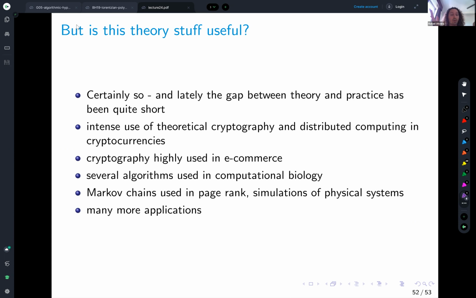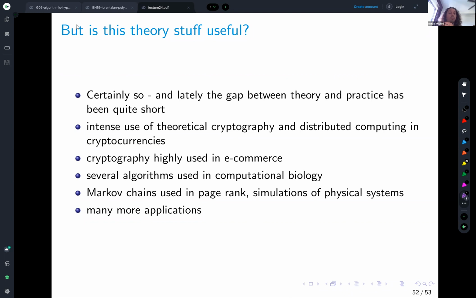Cryptography, we know, is highly used in e-commerce, and several algorithms nowadays are used in computational biology. And the Markov chains that we learned are used in PageRank, which is an extremely important algorithm. They're also used in simulations of physical systems, or if you want to sample something, or count a certain number of objects, which appear quite a lot in real life applications.